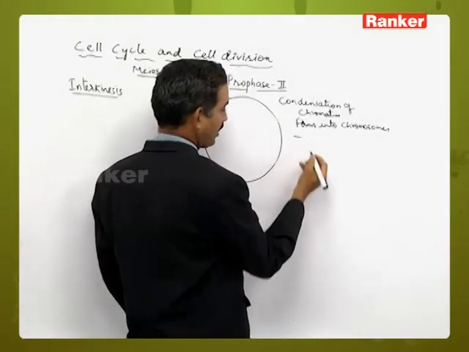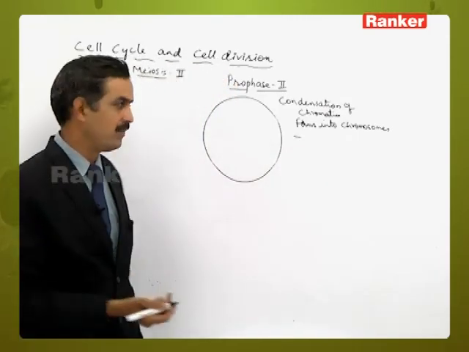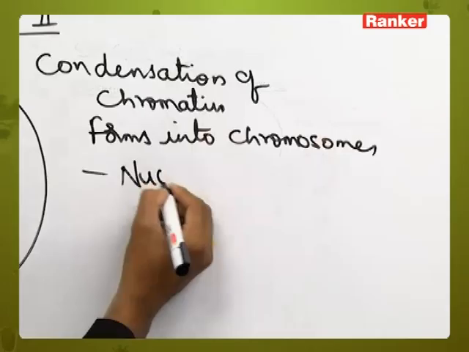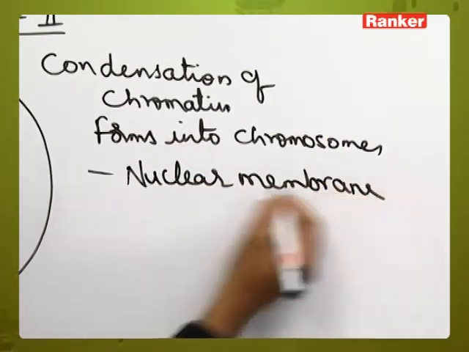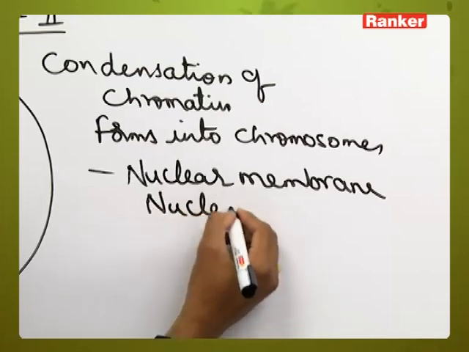Then the Golgi complex and endoplasmic reticulum will disappear. The nuclear membrane and the nucleolus will also disappear during this stage.